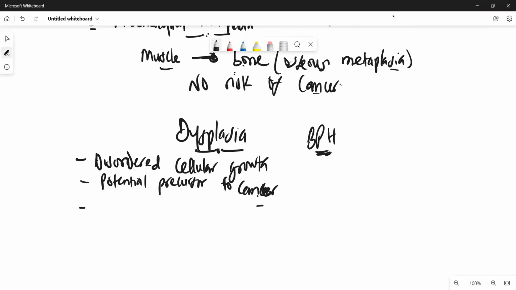A classic example is a case of Barrett's esophagus, right? So if somebody has Barrett's esophagus and you do a biopsy and you start to see atypical cells or you start to see dysplasia, it is always an indication for eradication.